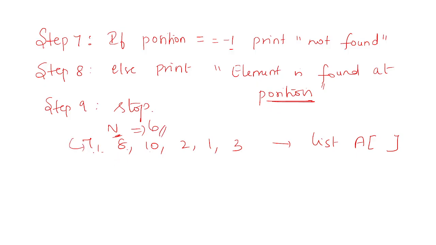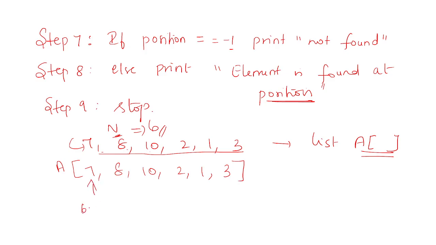Then the program will ask you to enter the elements, and it will store them in an array called A. Later it will compare every element in this array, 7, 8, 10, 2, 1 and 3, with the search element. Sorry, the search element is not given yet, so the third input you have to give is the search key. Say the search key I give is 4.